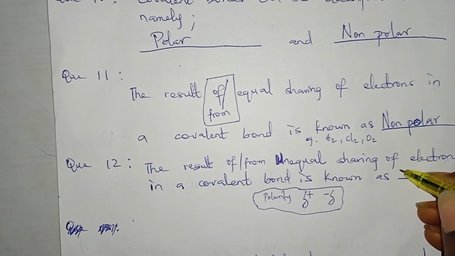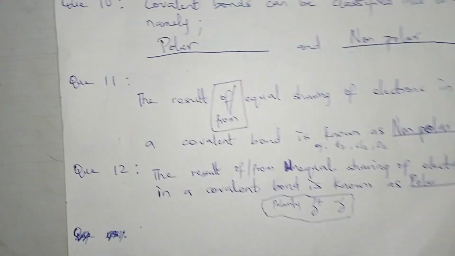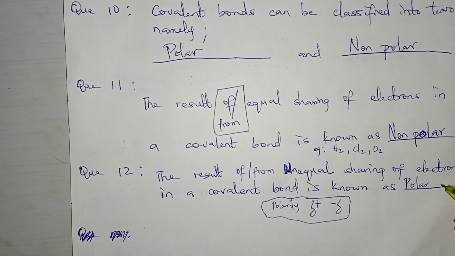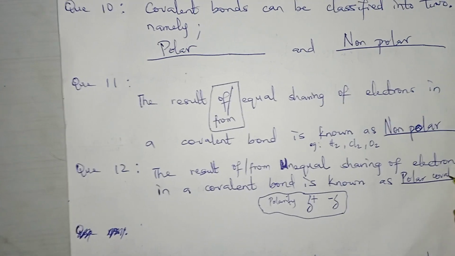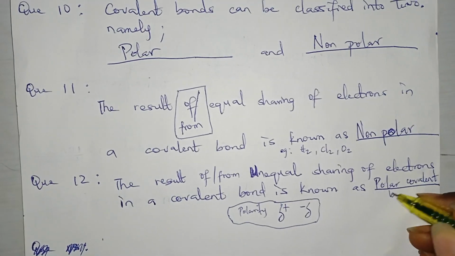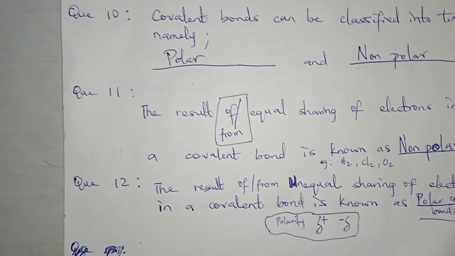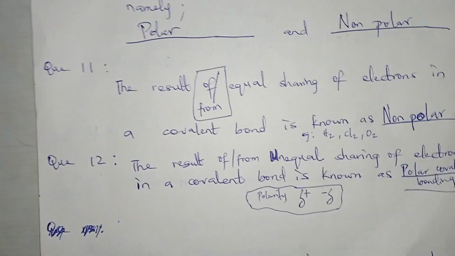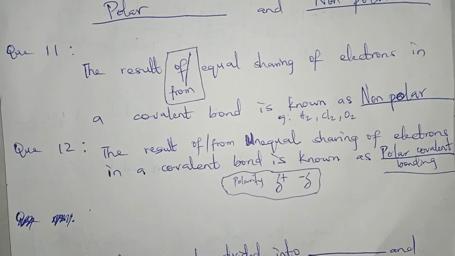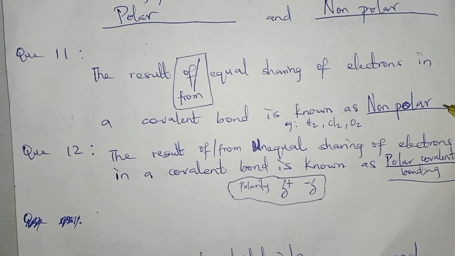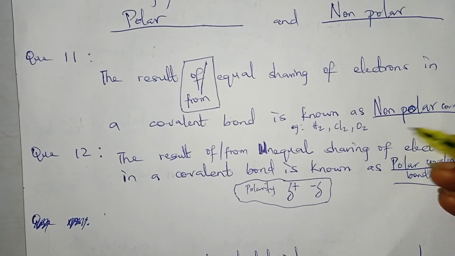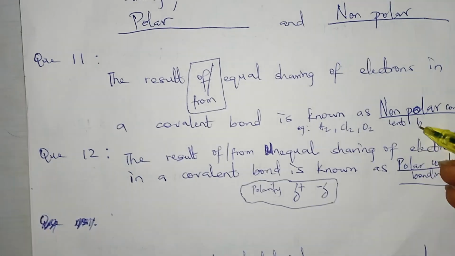So it's a polar covalent bond. The result from unequal sharing of electrons in a covalent bond is known as polar covalent bonding. This one is non-polar covalent bonding.